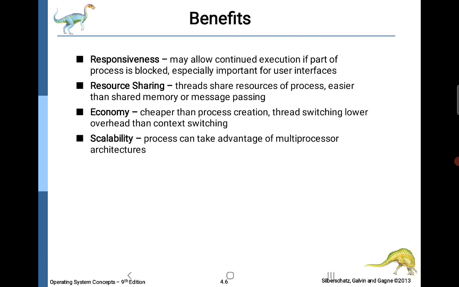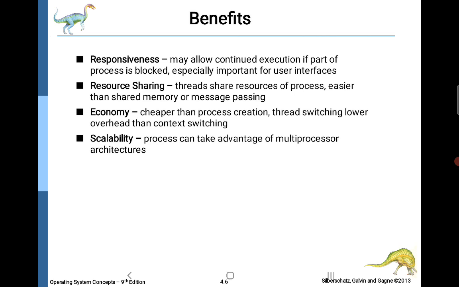Threads provide responsiveness because if one thread is handling a blocking operation, other threads can continue execution, instead of having the whole process blocked for one single blocking request, blocking send or blocking receive.